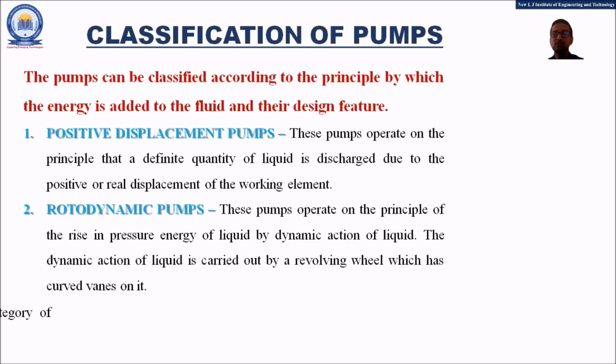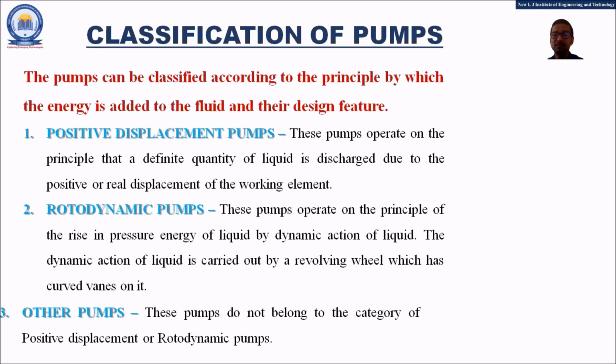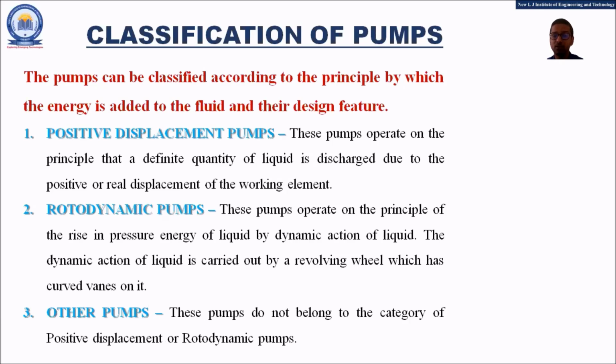The third classification of the pump is the other pumps. The other pumps are those types of pumps which do not belong to the category of the positive displacement pump or the rotodynamic pump. If I want to give an example of the other pumps, that is the airlift pump or the jet pump.